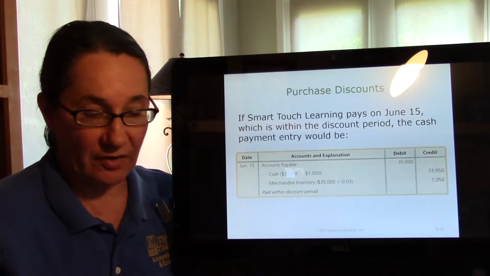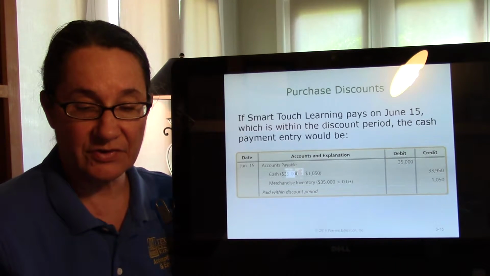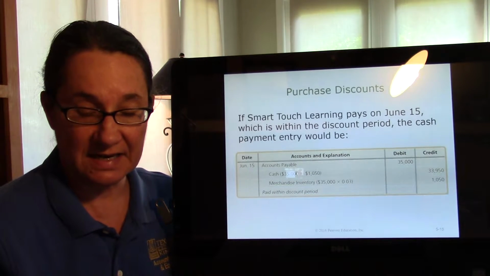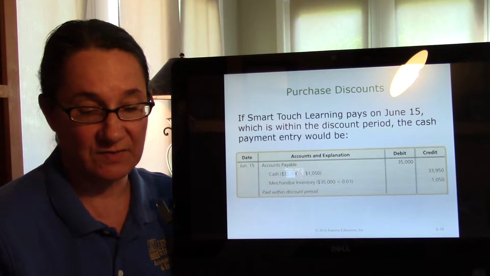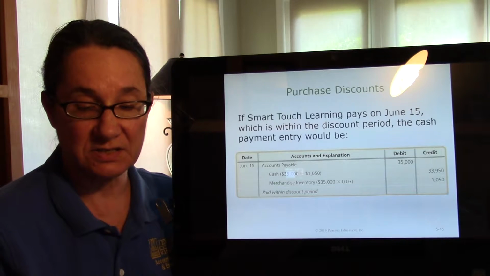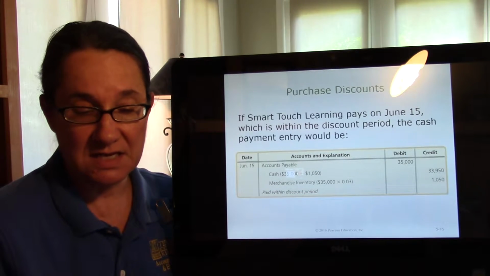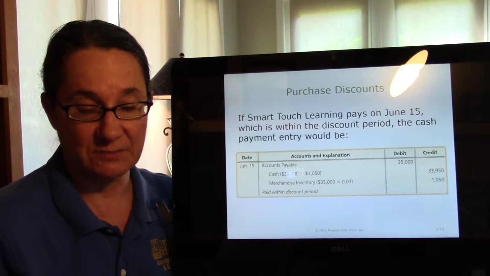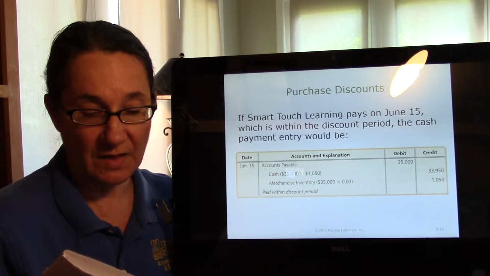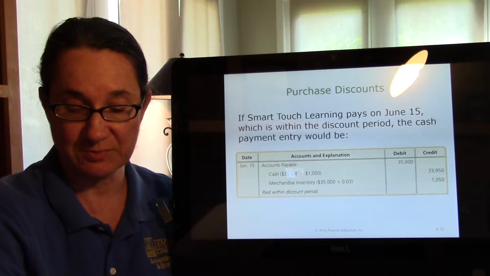So recall that we earlier recognized the vendor offered SmartTouch Learning sales terms of 3/15 net 30 days. According to the sales terms, 3/15 net 30 days, SmartTouch Learning will receive a 3% discount if it pays within 15 days of the invoice date, which is June 3, 2017. The purchase discount is from the purchaser's perspective.